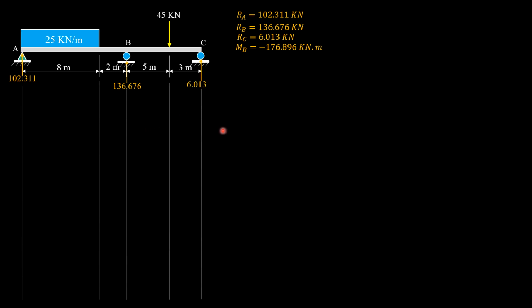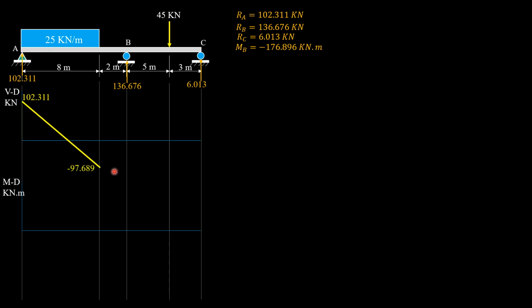So let's now have the reactions, then apply them as shown in this figure. Then project downward. We have the shear diagram in kilonewtons, and the moment diagram in kilonewton meters. For shear, first go up 102.311, then minus 25 times 8, straight line.